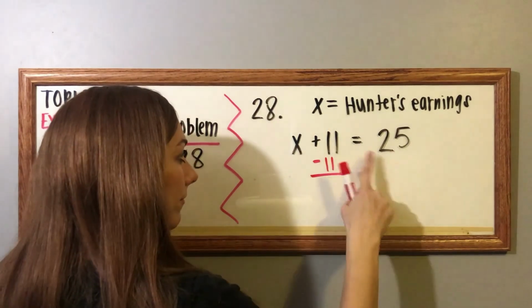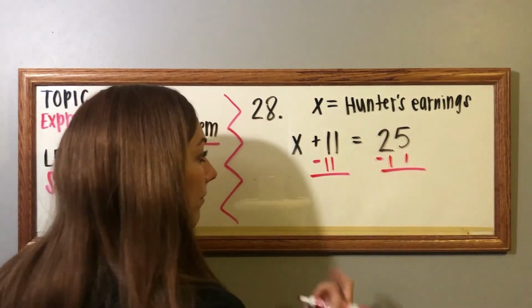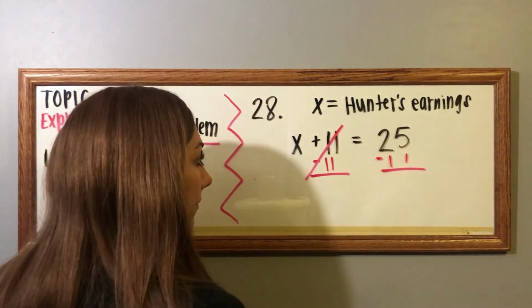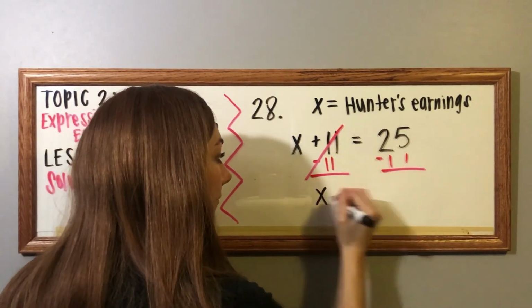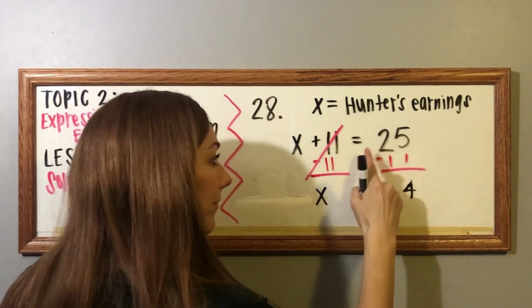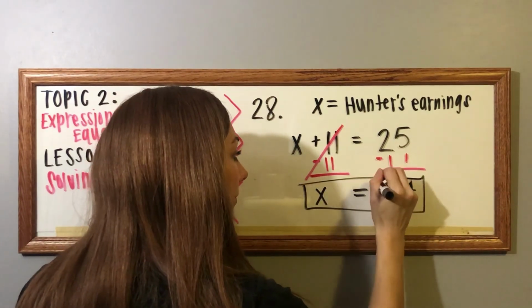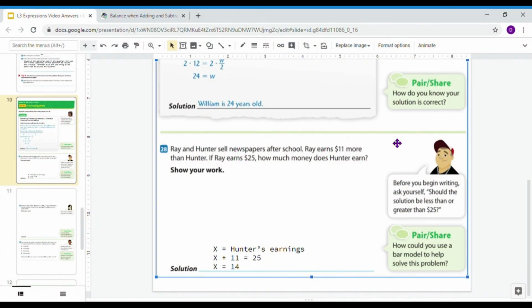And whatever I do to one side, I'm going to do to the other side. So 11 minus 11 cancels out and leaves us with the variable x. 25 minus 11, 5 minus 1 is 4, and 2 minus 1 is 1. So my final answer is that Hunter is going to earn $14.